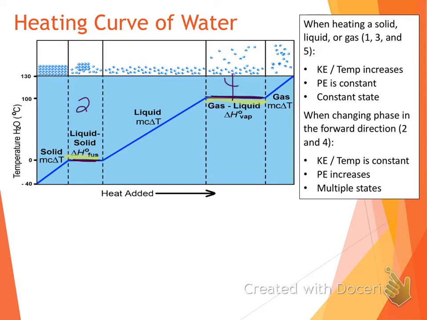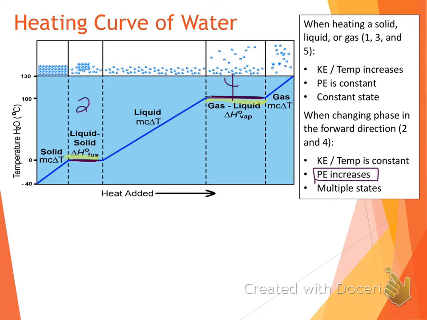Since temperature is not changing, kinetic energy is not changing either. They are both constant. However, as we go from a solid to a liquid in that melting phase, or a liquid to a gas in the vaporization phase, potential energy is increasing as we break those IMFs.